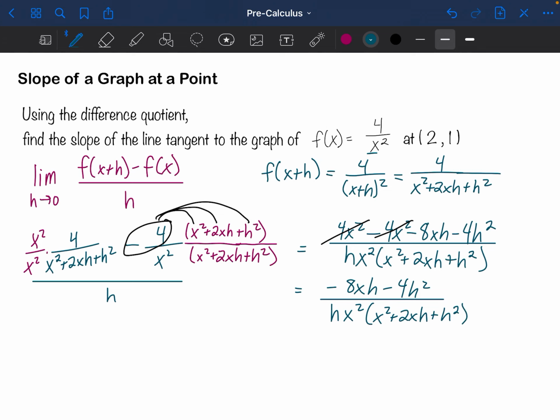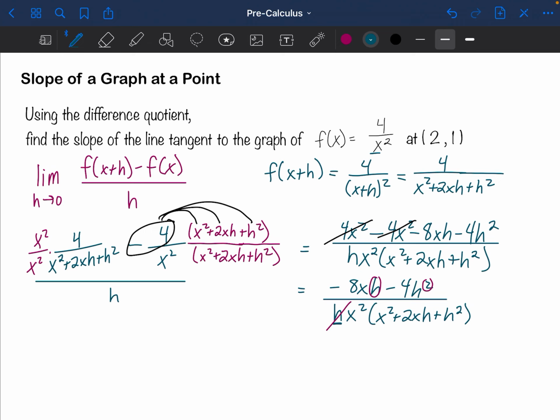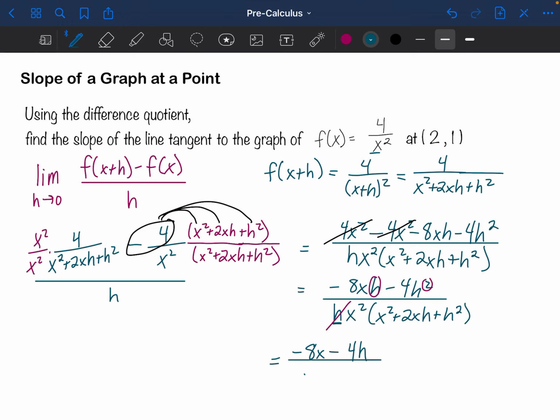And since there's an h up top here, and I've got 2 right there, boom, be gone. So then we're left with negative 8x minus 4h over x squared times x squared plus 2xh plus h squared.